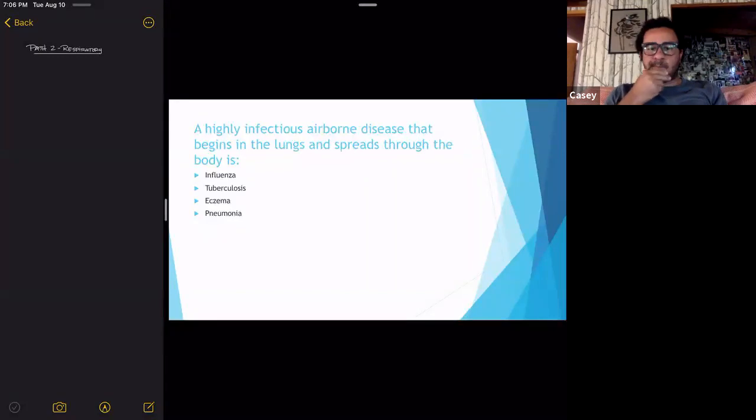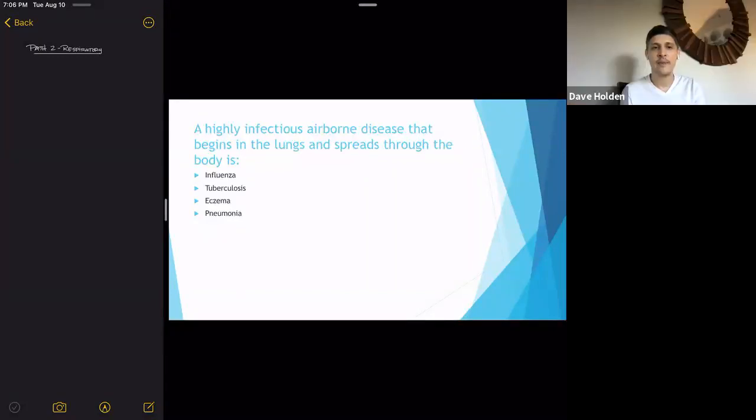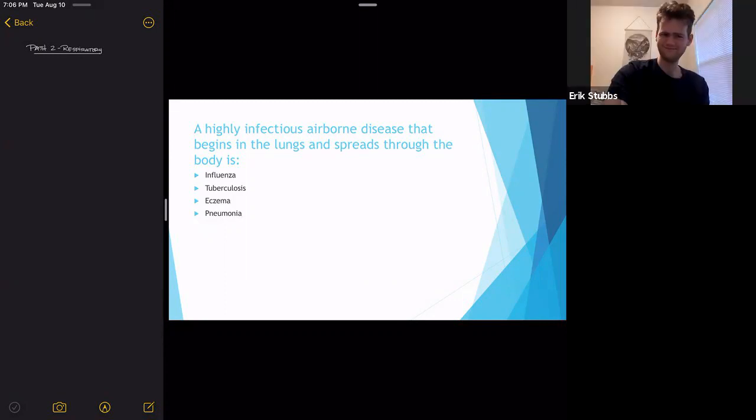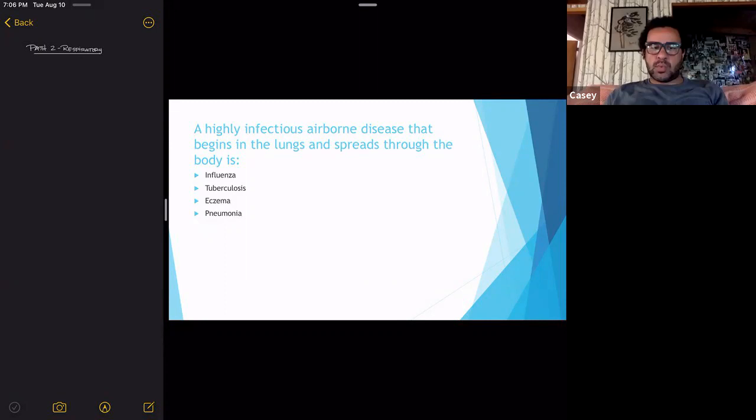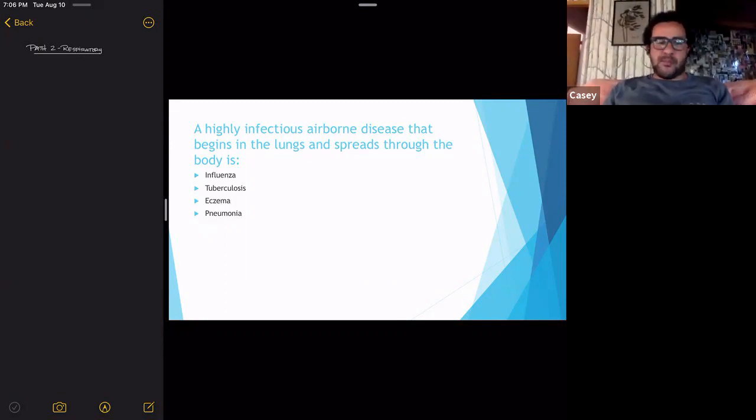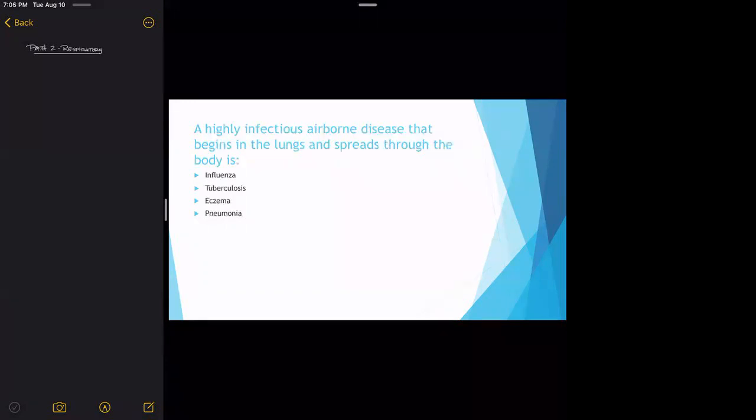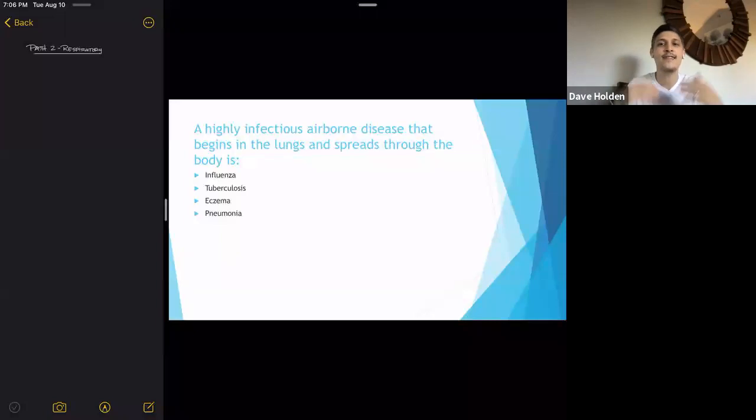Which of these is a highly infectious airborne disease that begins in the lungs and spreads through the body? Tuberculosis. Tubercles in the brain and in the spine.